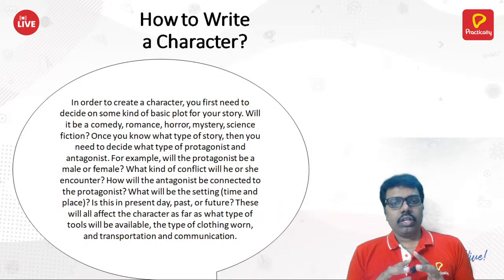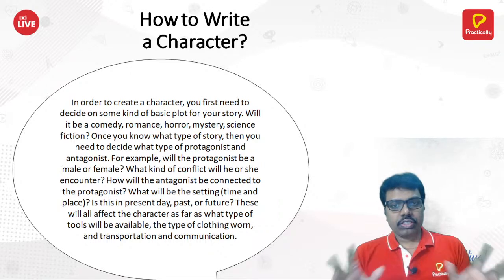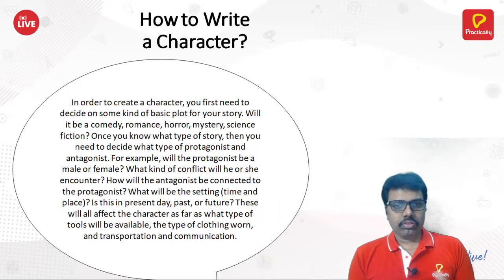We are doing the complete structure of that character: which background he is from. If he is a middle class person, does he have a bike or a car? Maybe if he's a rich person, he has a Benz car. How they commute, that is the transportation. I need to mention all these things when I create one character.